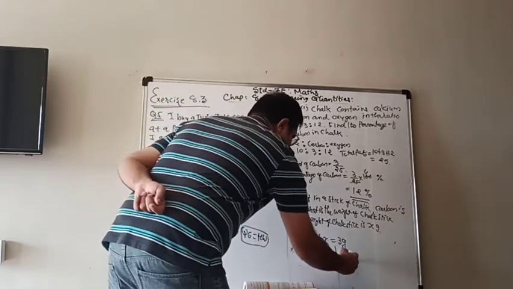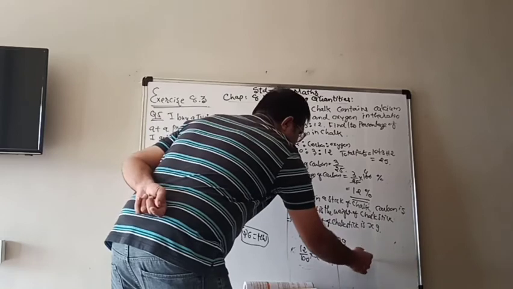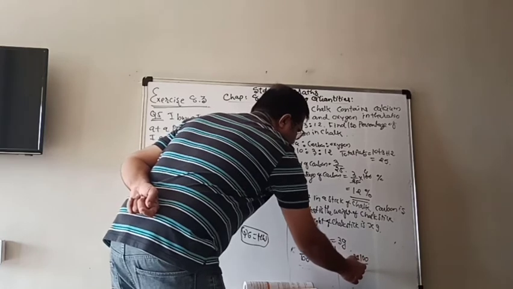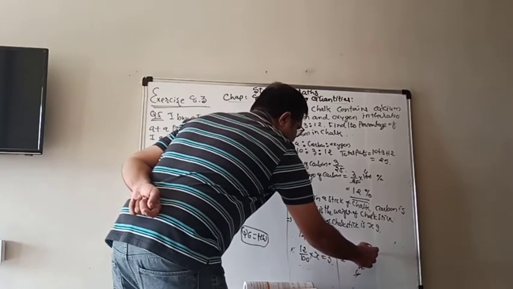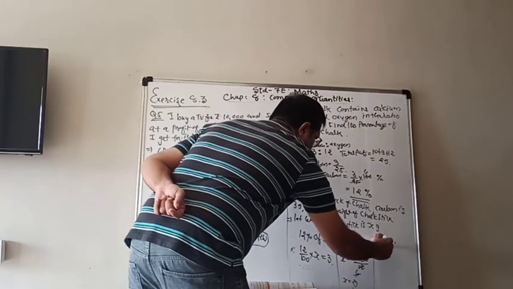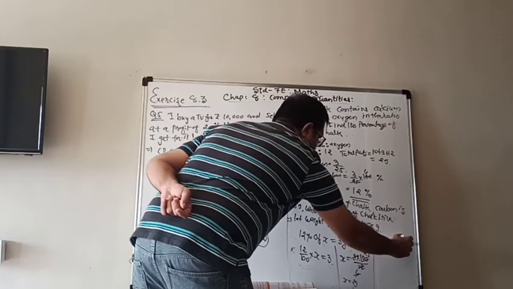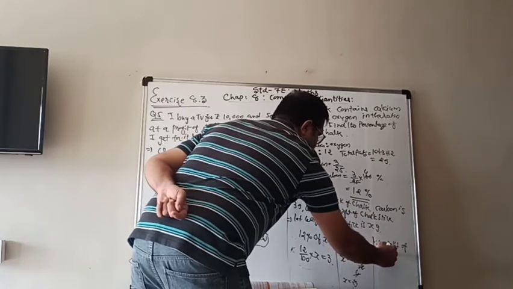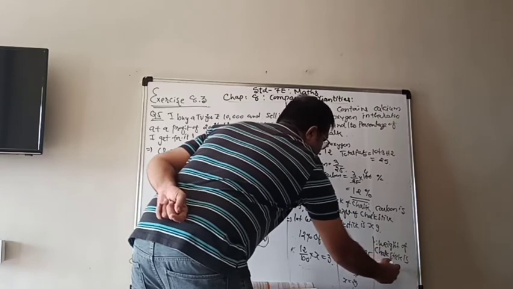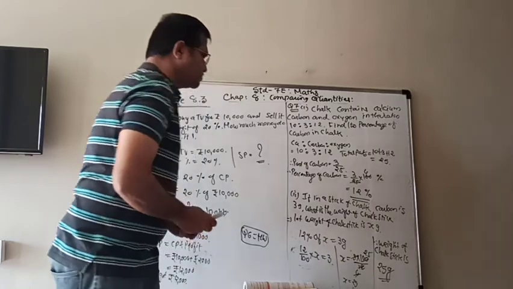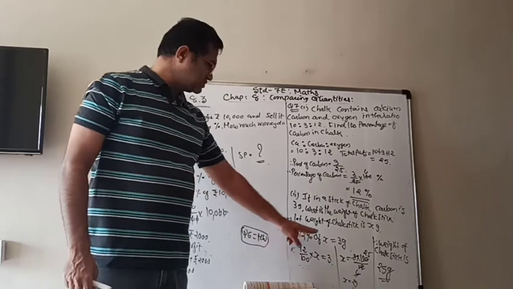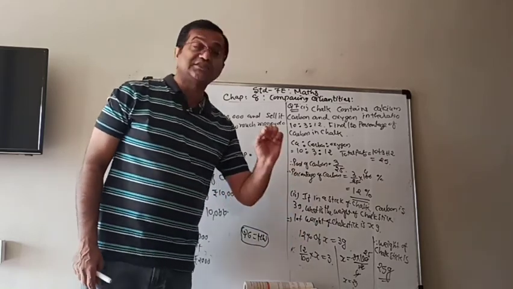And therefore we get x is equal to 3 multiplied by 100 upon 12. So now 3 4s are 12 and 4 25s are 100. So x is equal to 25. Therefore, the weight of the chalk stick is total 25 grams, of which 3 gram part is the carbon.